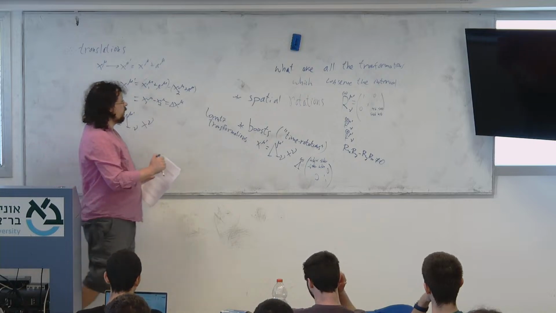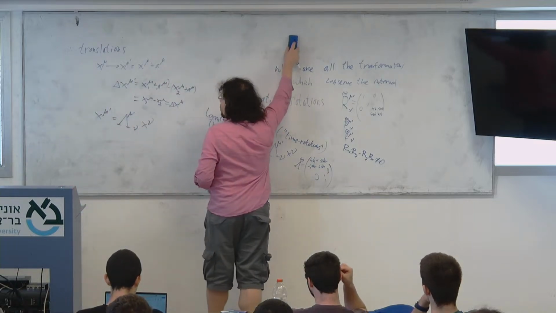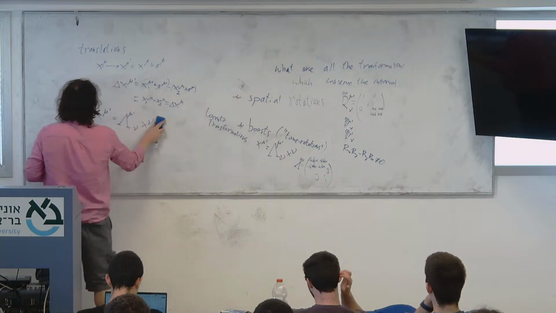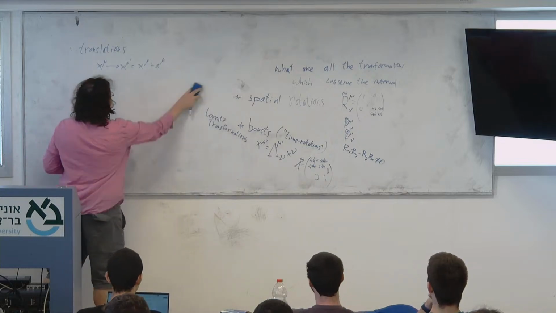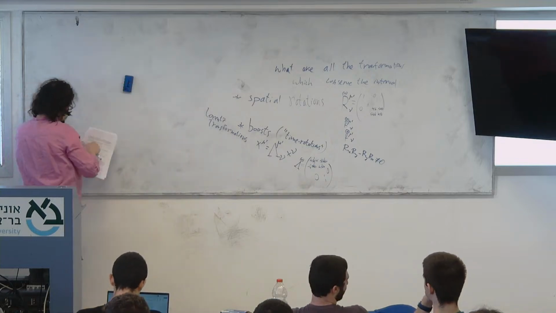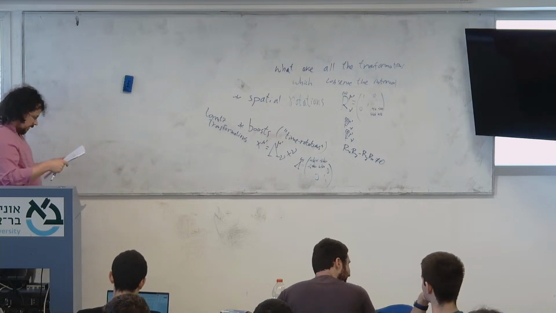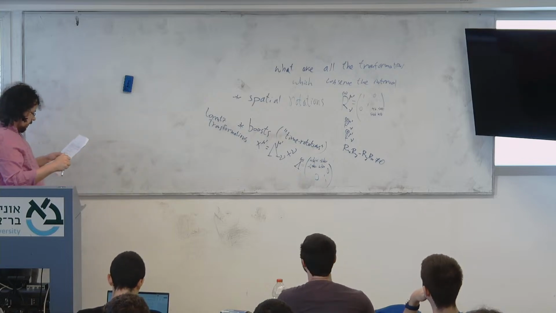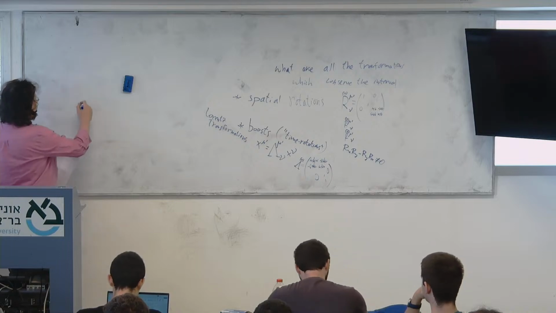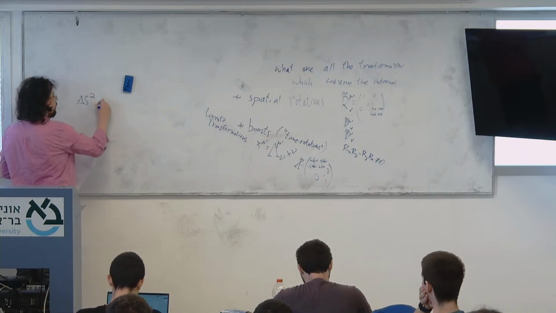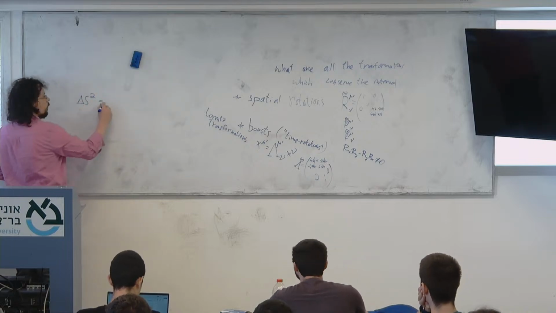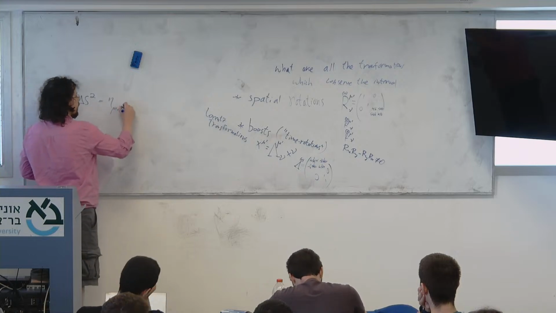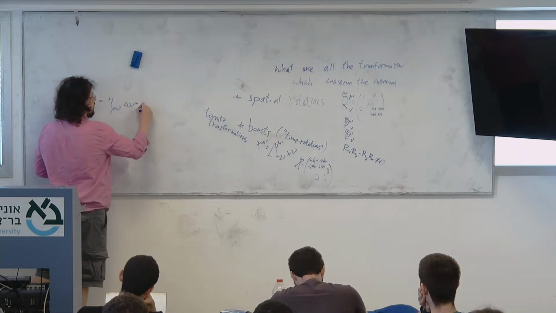Let's explicitly check that some of these things maintain the interval. And I'm just going to write the explicit equation. What we are demanding, delta s squared, equals eta mu nu delta x mu delta x nu.